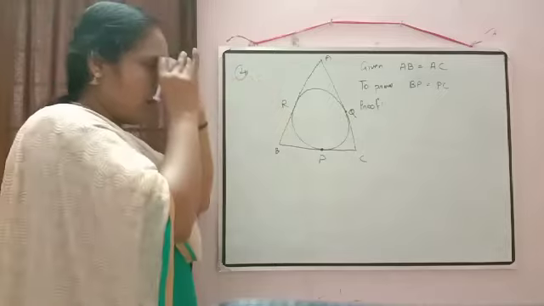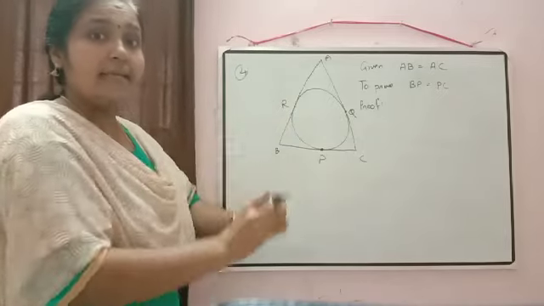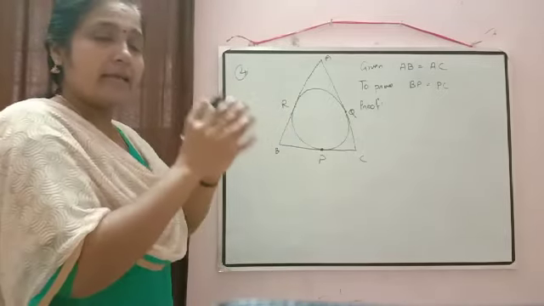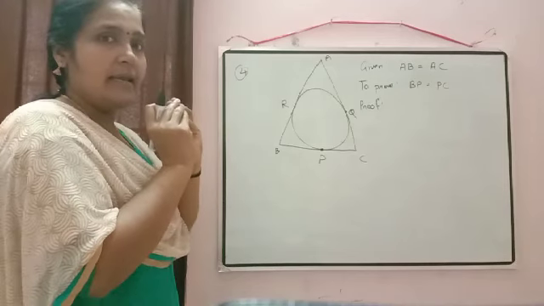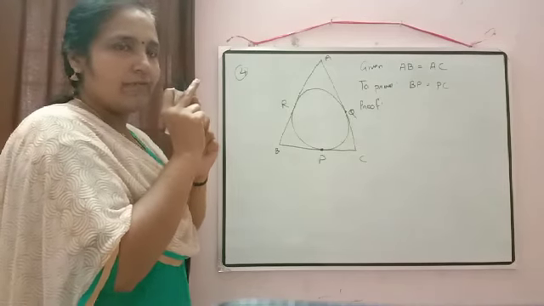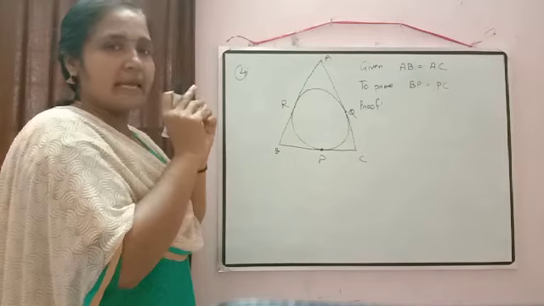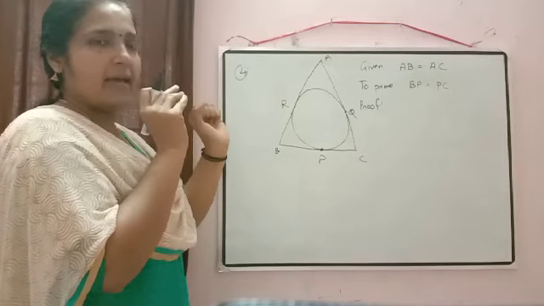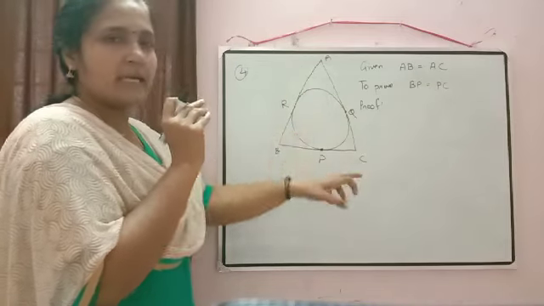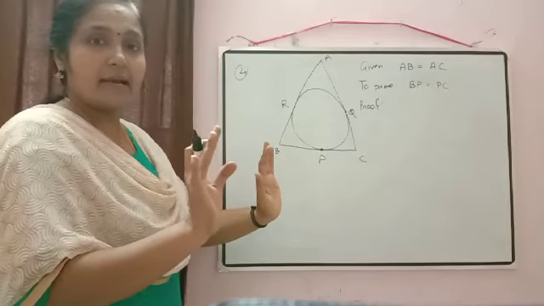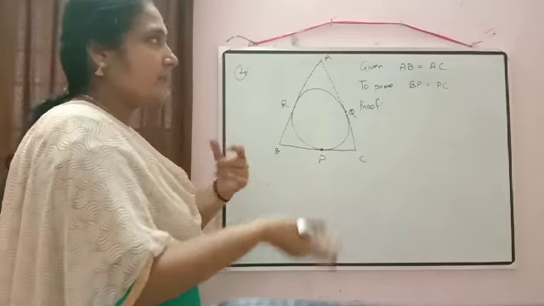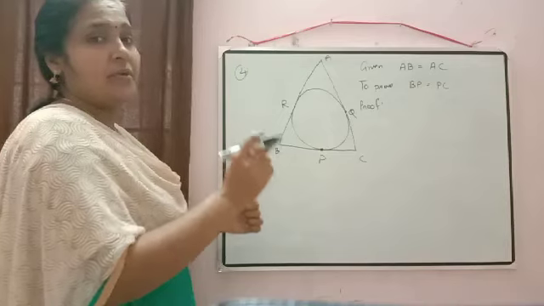So if you don't know how to prove this question, at least you write down what are the tangents which are equal in length. So for that what you have to do, normally children what mistake they will do, by seeing the diagram they will write in this way, AQ is equal to QC. That is not correct. Length of the tangent drawn from an external point to a circle.